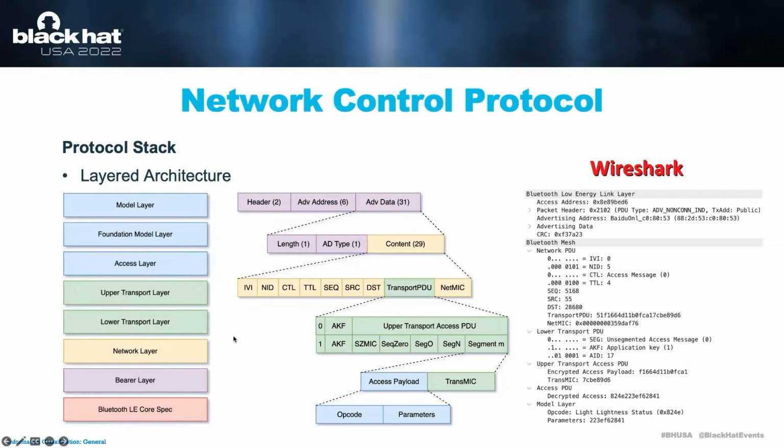In the network layer, there are network addresses, including the source address, SRC, and the destination address, DST. And in the transport layer, or more specifically in the lower transport layer, there are fields designed for segmentation and reassembly. Well, yes, the network control also supports a segmentation and reassembly mechanism.